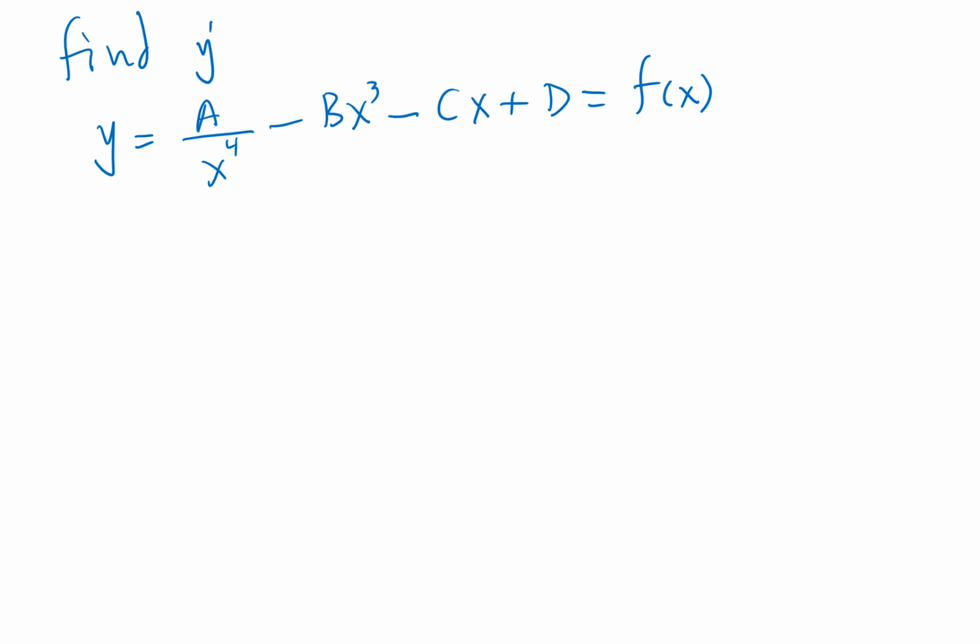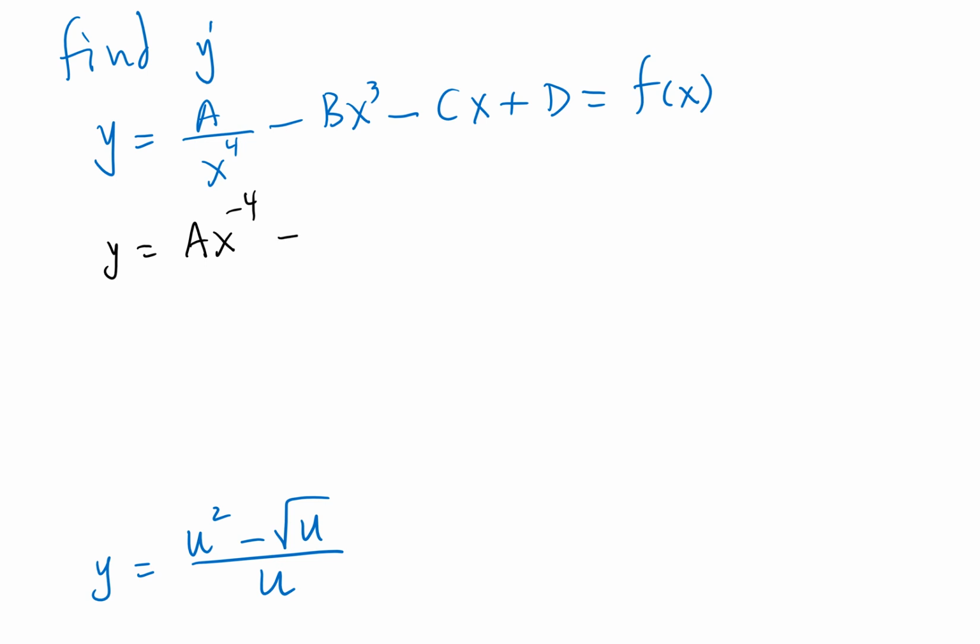This means anything besides x is considered a constant. That's one of them. y equals (u squared minus the square root of u) over u. That's another one. So for the first one, we need to do some rewriting. I see fractions here. I don't want to do a quotient rule.